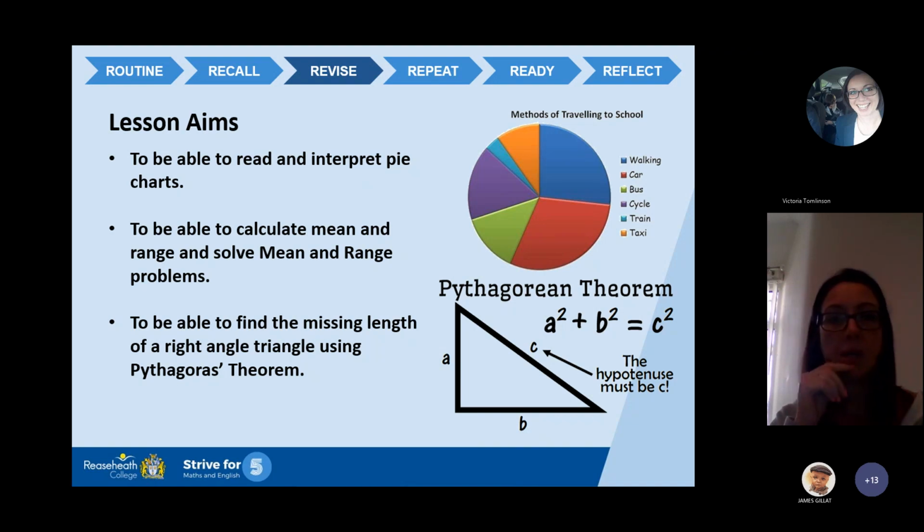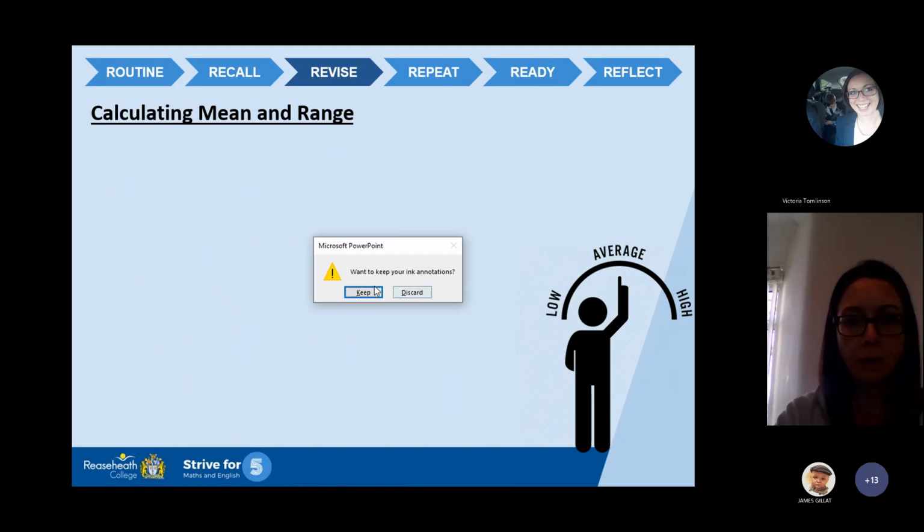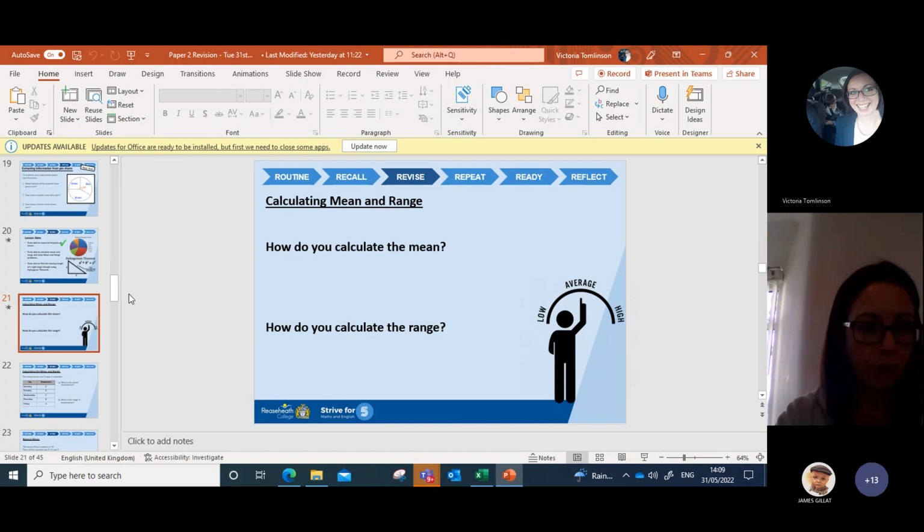I think Pythag's the harder one. So after 2 hours, you'll be tired out and you'll struggle with Pythag a little bit. So I'm going to go Pythag because I think mean and range, people can figure that out if they have to. So Nicole, I'm sorry, we're going to go Pythag next and then we'll come back to mean and range at the end. Okay, so we definitely will do it, so don't stress.